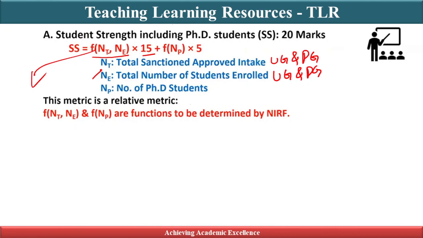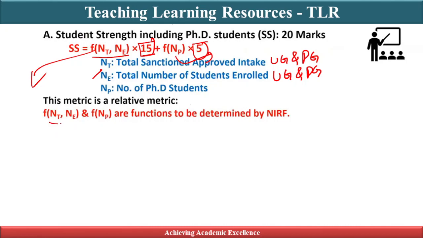In this student strength, for UG and PG students, 15 marks are allocated. For PhD students, 5 marks are allocated. What is this NP? NP is the total number of students enrolled for doctoral program till the previous academic year.